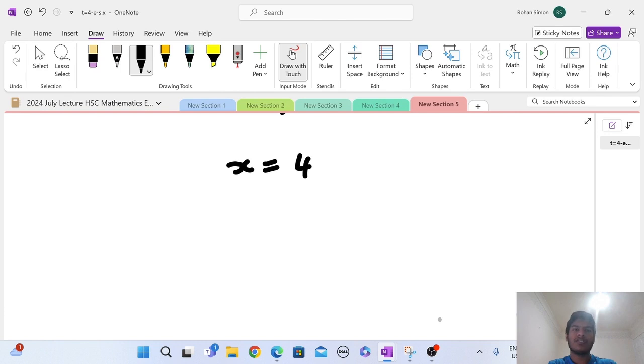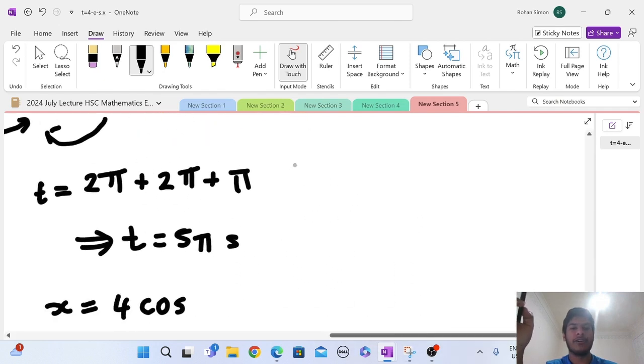We can use a cos or sine, but because we're starting at the extremum, right? Sine starts at the origin, cos starts at 1, right? Because we're starting at the extremum, we're going to use cos because it's going to start at the higher point. Cos nt. Now, n in this case is dependent on the period.